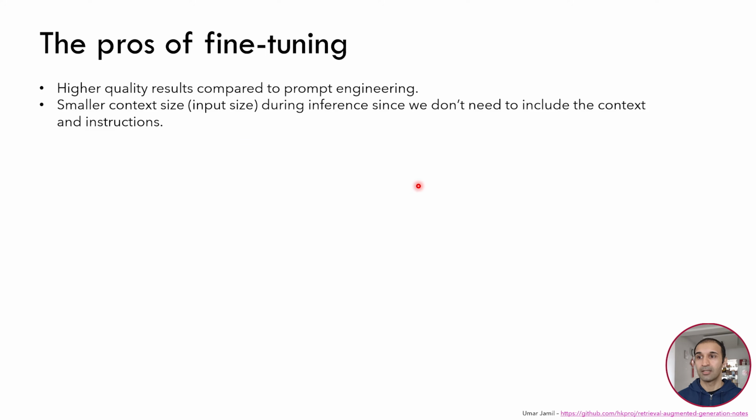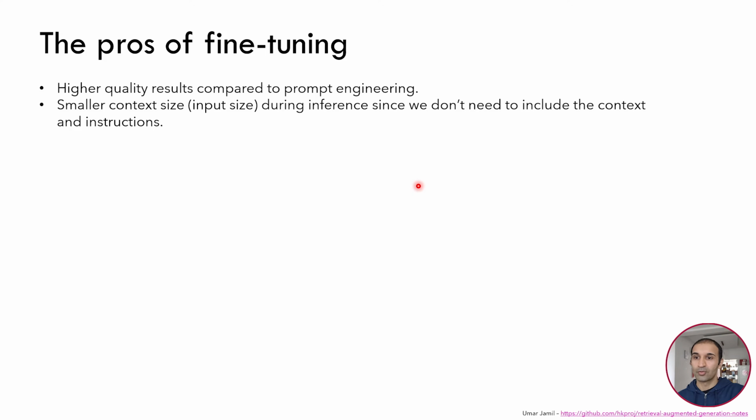But fine-tuning is not necessarily the wrong way to deal with this lack of knowledge problem in language models, because when we fine-tune a model on a particular content, it usually results in higher quality results compared to just prompt engineering.